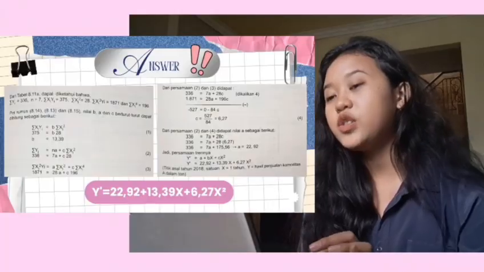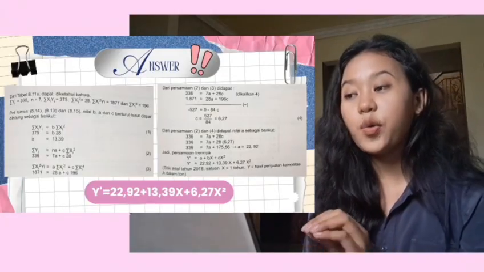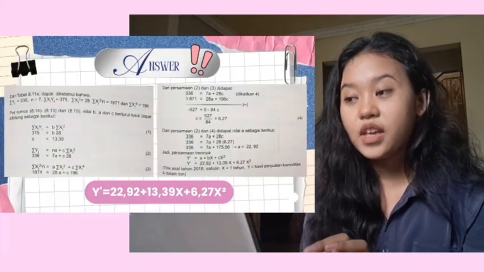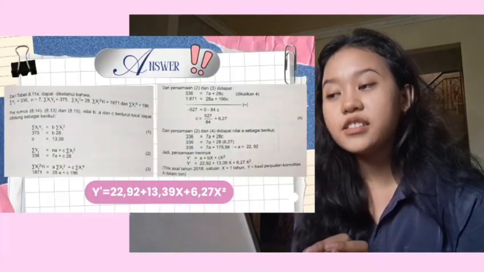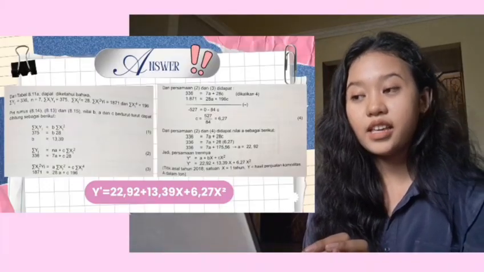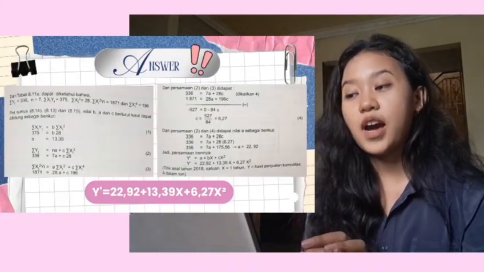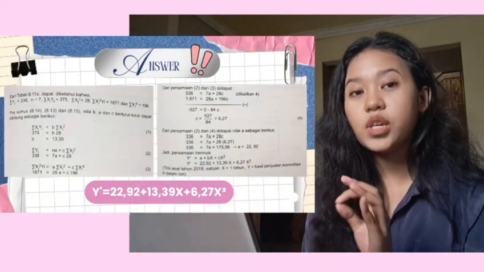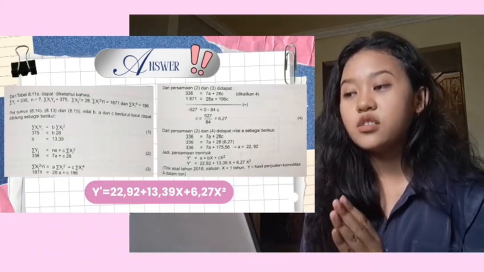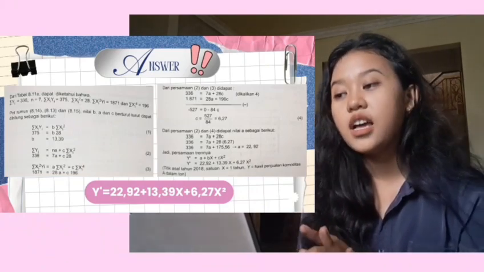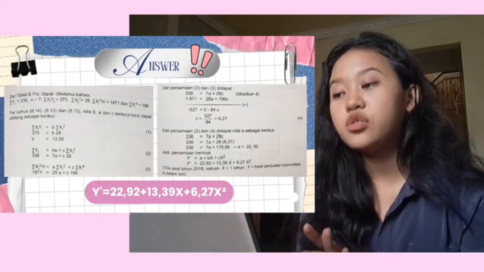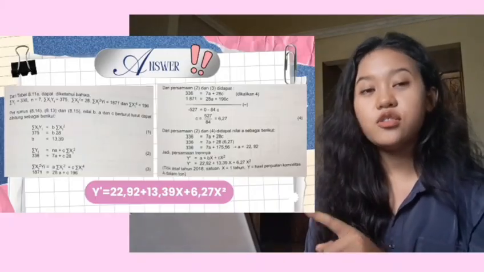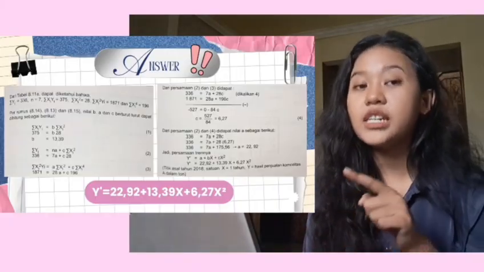We just need to put the numbers into the equation. We can use sigma xi times yi equals b times sigma xi squared, and we will get 375 equals b times 28. We don't know b, so we switch it to the left side, and it will be 375 divided by 28, and we will get b equals 13.39.